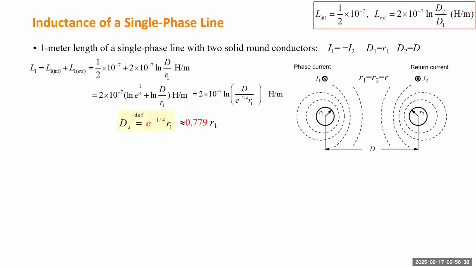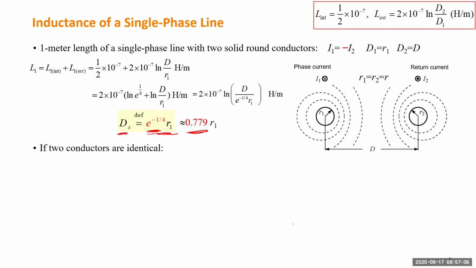So we simply define this denominator as ds, because it is just a factor multiplying the radius of the conductor. If you calculate e to the power negative a quarter, that is equal to around 0.78, a value slightly lower than 1. So we call this one ds.